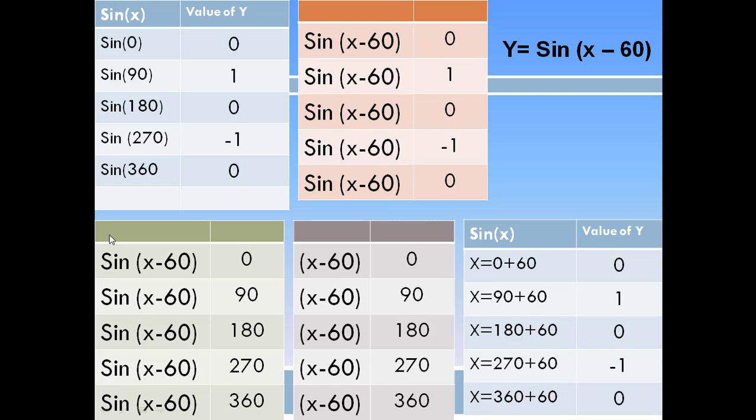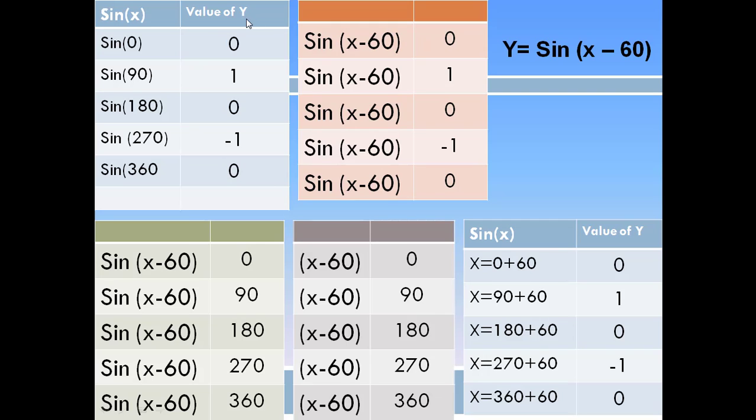So it means that if you cross out the sin, x minus 60 equal to 0, x minus 60 equal to 90, etc. So we get that x is 0 plus 60, 90 plus 60. So at 60 the value is 0, at 150 the value is 1, at 240 the value is 0, at 330 the value is minus 1, at 420 the value is 0.